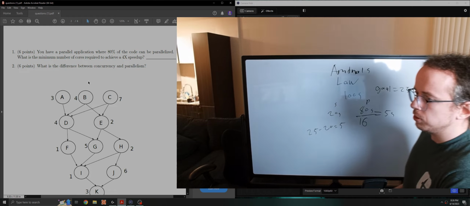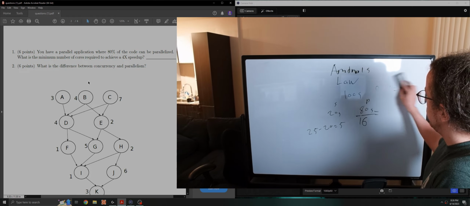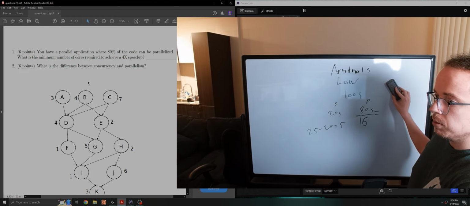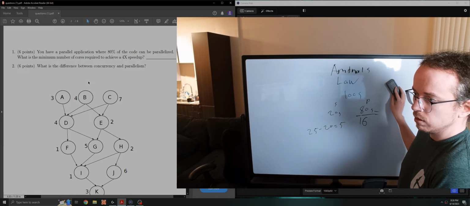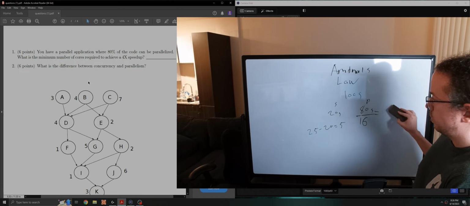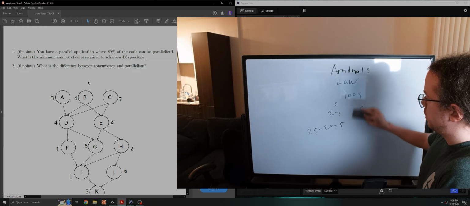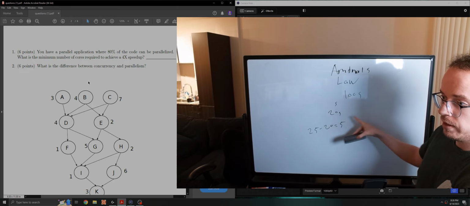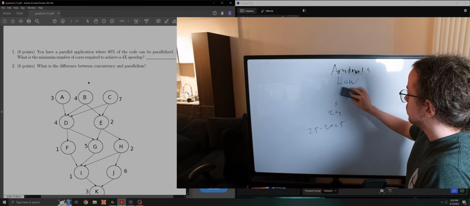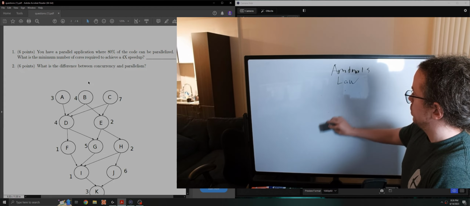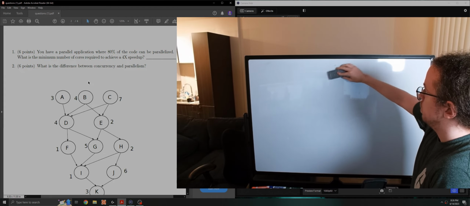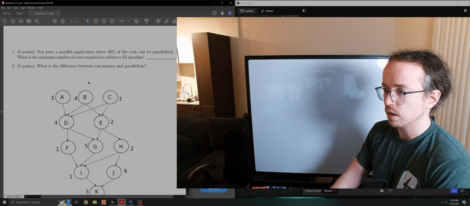It can help you to be able to write the formulas from memory, but the intuition is the same. If you want to make something 4 times faster, then you take the 2 parts and you solve for the part that changes, right? So there's Amdahl's law.